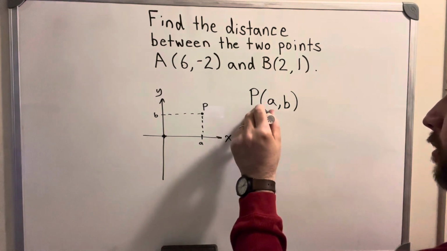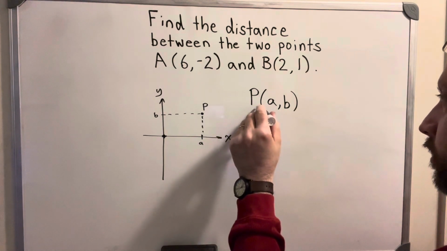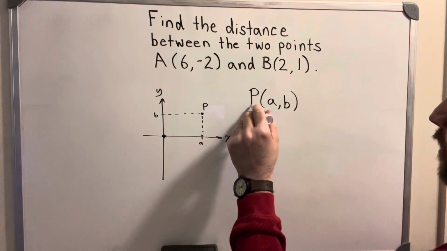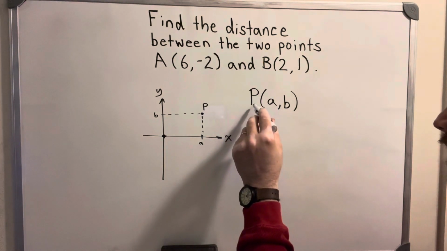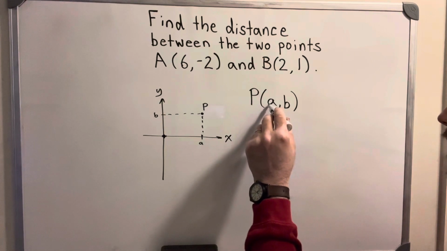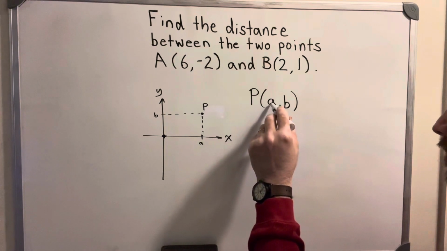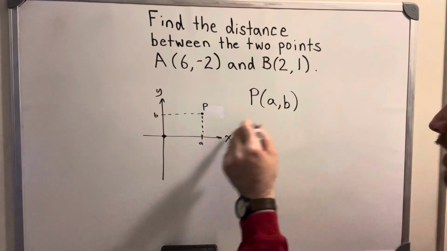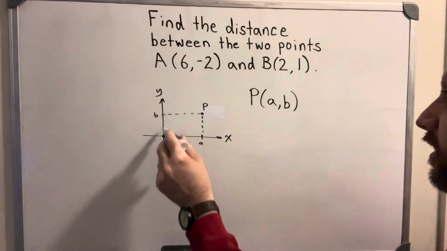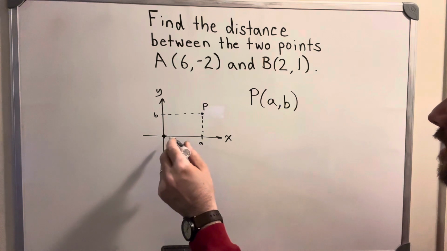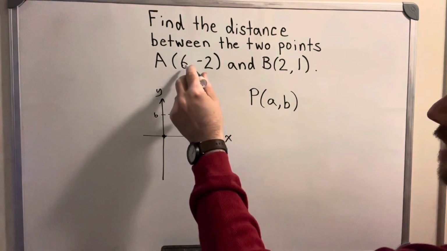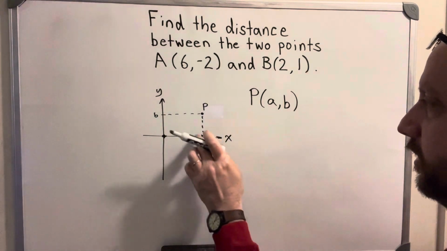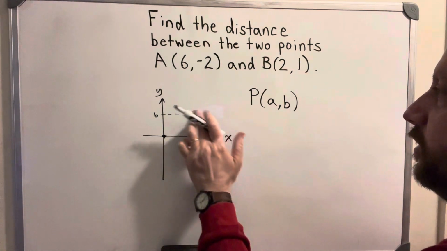So this is the name of the point, which is usually drawn as a capital letter, but it could be a lowercase letter. And then the first number or variable is the location along the x-axis, and the second number is the location along the y-axis. So this, (6, -2), let's erase this and start to do this.